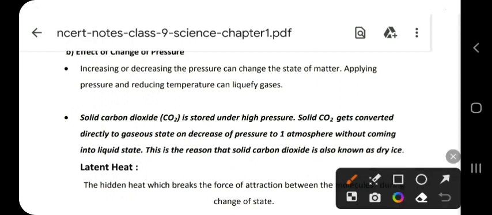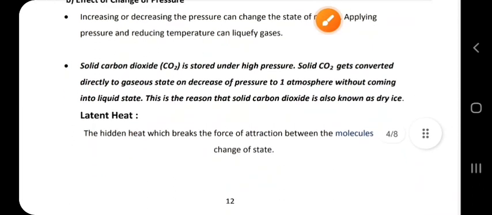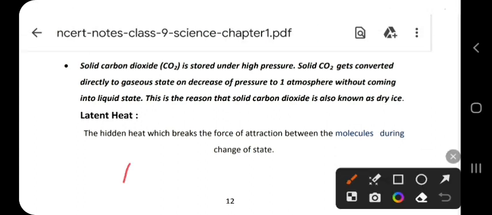What is latent heat? Latent heat is the hidden heat which breaks the force of attraction between the molecules during change of state. For example, take a beaker, take 100 ml of water in it and give heat to it.